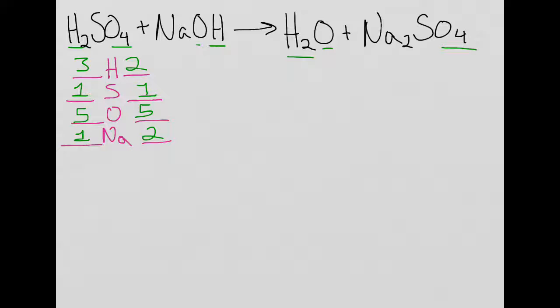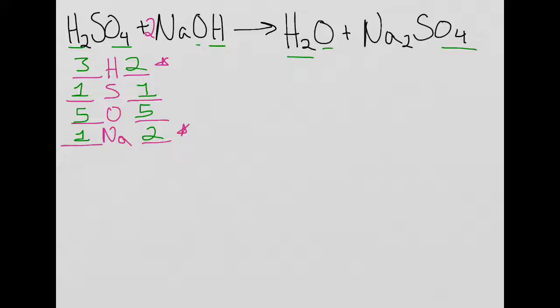Okay, so let's start looking at what I can do here. What are my problem areas? My problem areas are hydrogen and sodium. Okay. I am going to just start by sticking a 2. I need to up my sodium, and the way I'm going to do that is I'm going to stick a 2 in front of there.